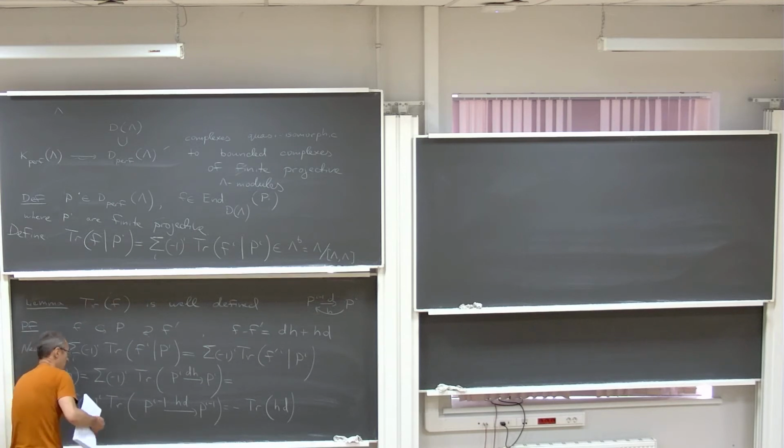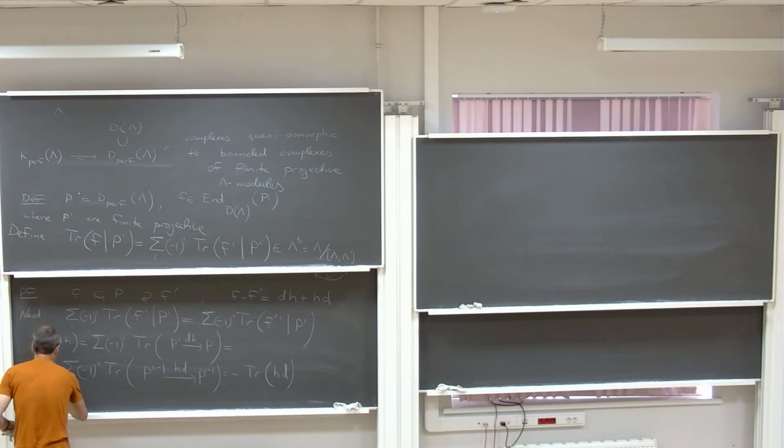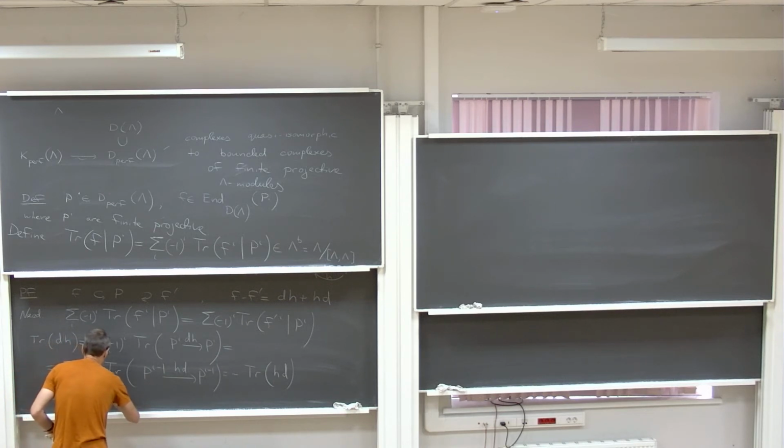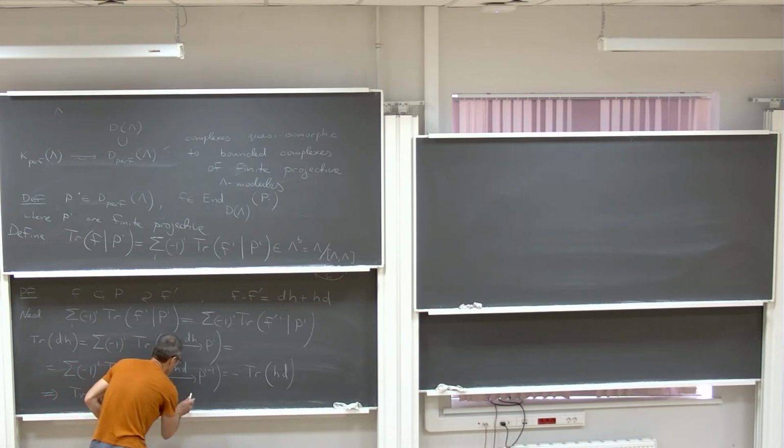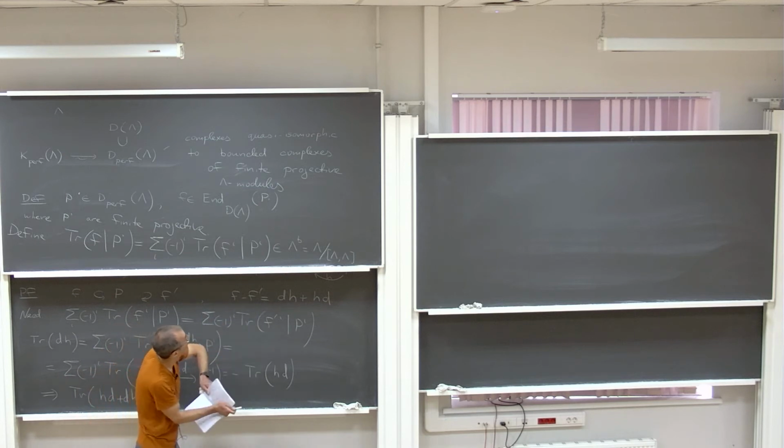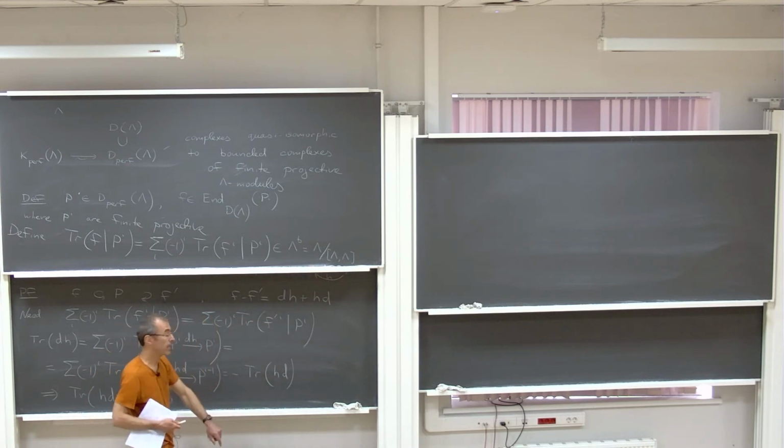And from this we conclude that the trace of HD plus DH is 0 in this quotient where the trace is defined. Okay?